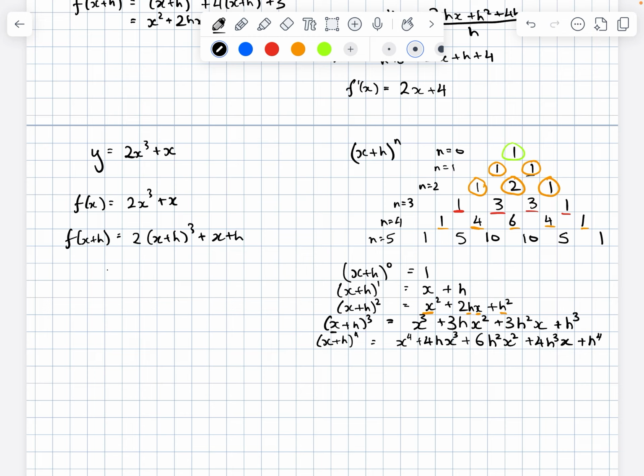So applying this to our question, we now have 2 times x cubed plus 3hx squared plus 3h squared x plus h to the power 3 plus x plus h, which we can then expand to get 2x cubed plus 6hx squared plus 6h squared x plus 2h cubed plus x plus h.